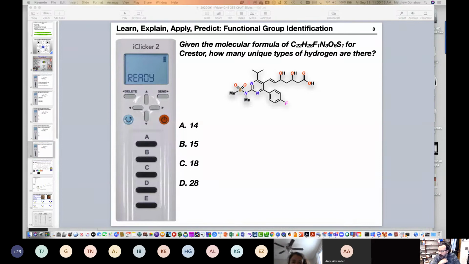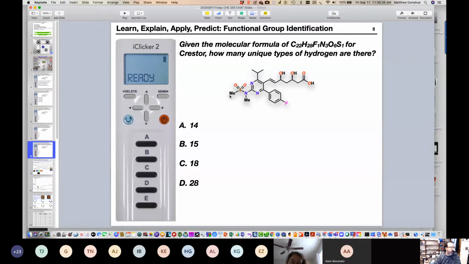So will the hydrogen types differ between two methyl groups because they're bonded to different elements? So Katie is asking about, say, two different methyl groups. Let's answer that right now. If we're looking at these methyl groups that are abbreviated ME, are those unique sets of methyl groups?